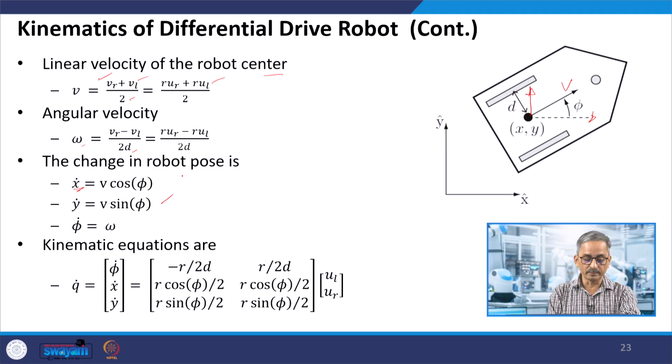Okay, and phi dot is going to be basically the angular velocity. Okay. So, I can write these equations after substituting in this form, where this is my heading velocity and these are the x and y velocity. Okay. So, these things you can try to do trigonometrically.